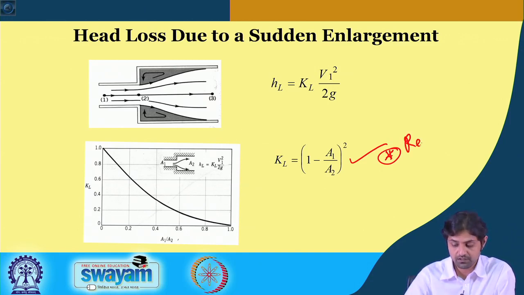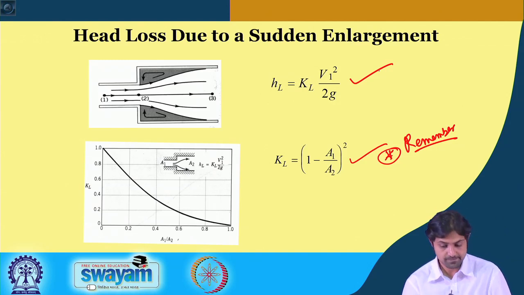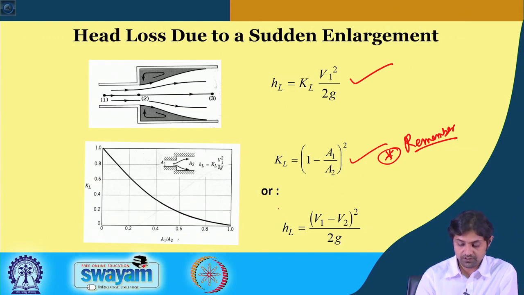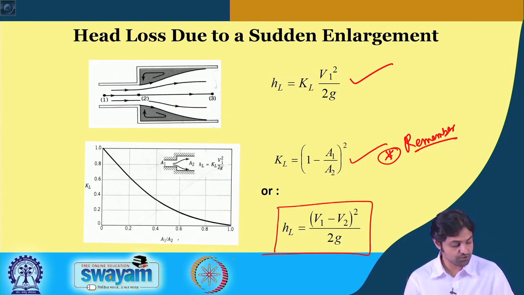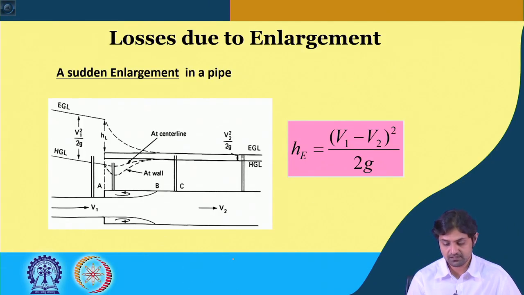Remember this one, it is easier. And in case of sudden contraction, KL was 0.5, if you remember. If you put this, we come back to the formula which we saw in the last slide: head loss is V1 minus V2 whole square by 2G.